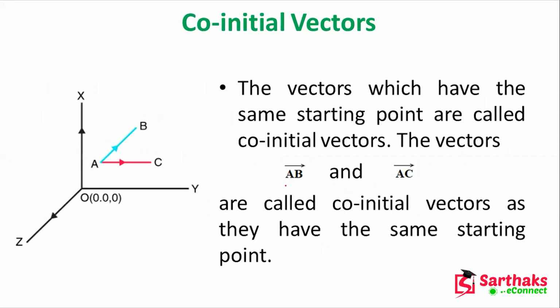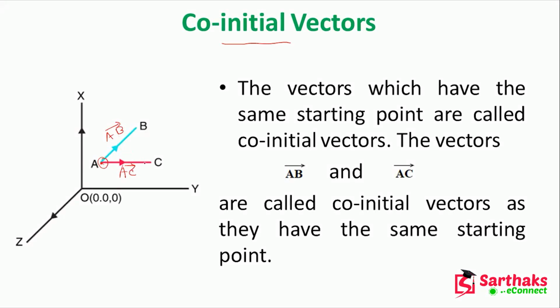Now, the co-initial vectors. Co-initial means the initial point of the vector will be the same. If I take two vectors here, AB and AC, you can see that this point A is the same for the AB vector as well as for the AC vector.